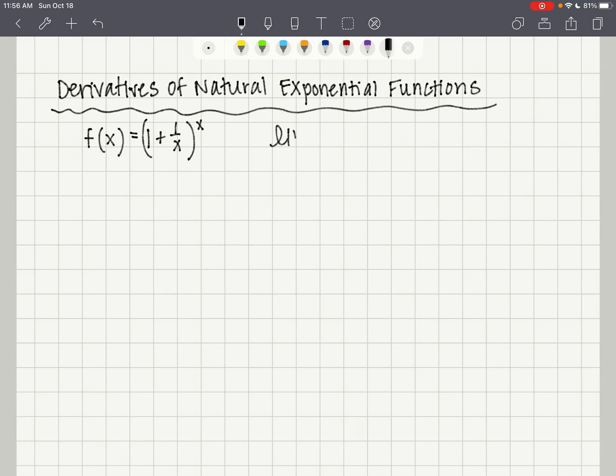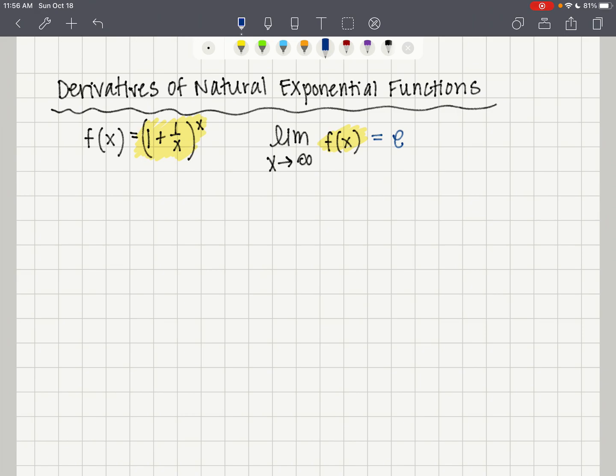If we have the limit as x approaches infinity of f of x, that is equal to e. And then if we take that e and raise it to the x power, we have the exponential function.